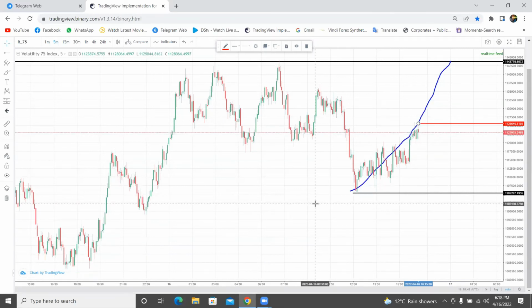And then the lot size, we start with a lot size of 0.001.